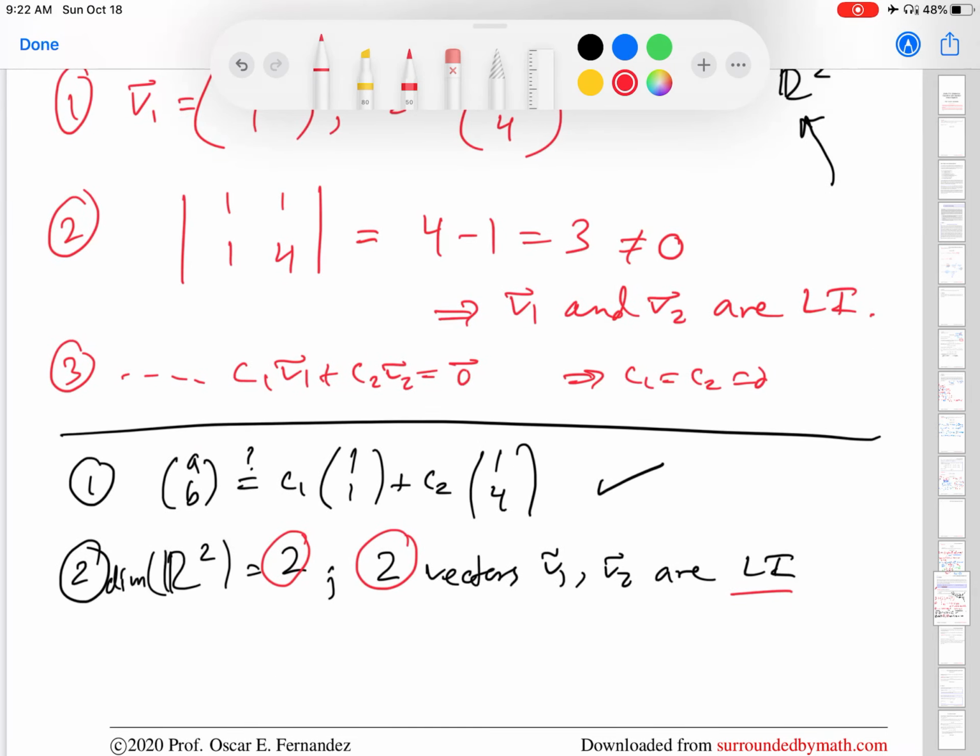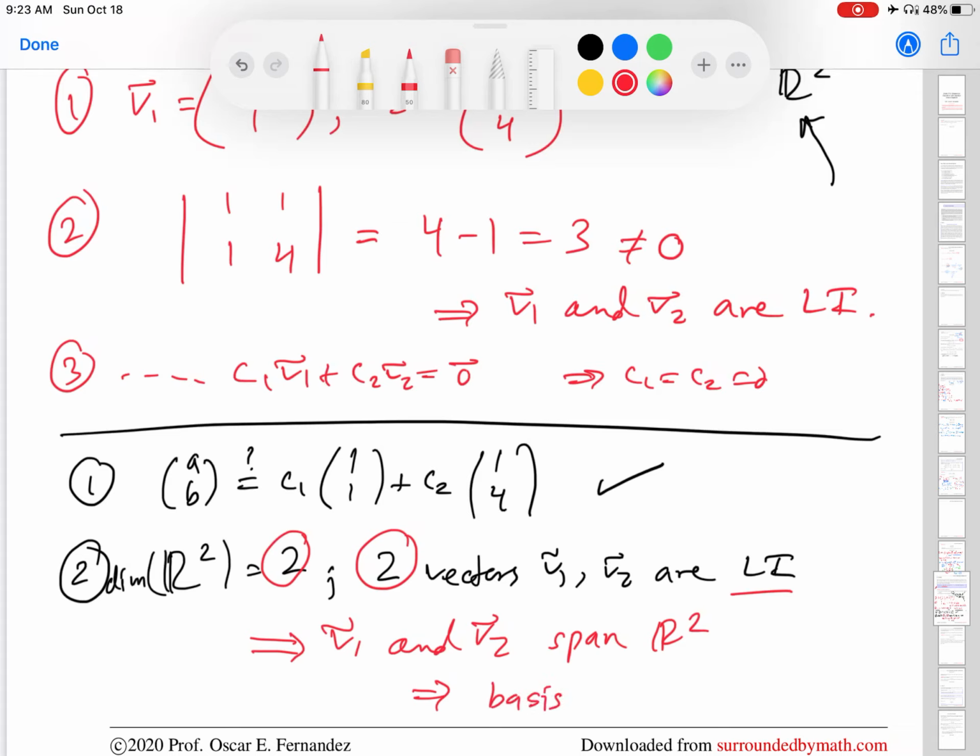So we can go back to that theorem. I believe it's in lesson 12 or 11. We can go back to that theorem and invoke it, and that will imply that v1 and v2 span R2, which implies basis for R2.